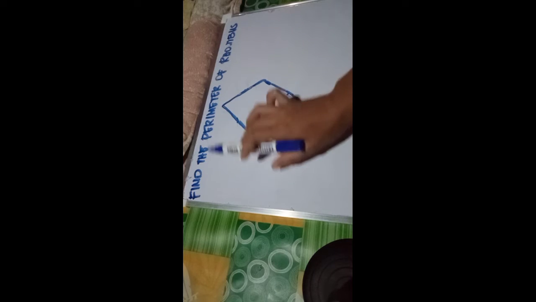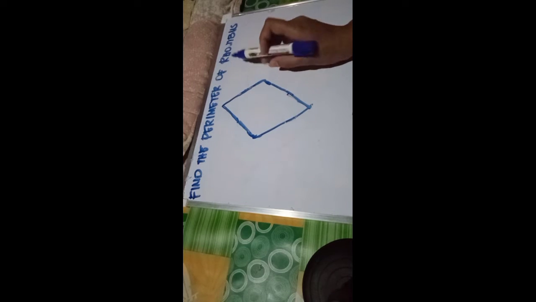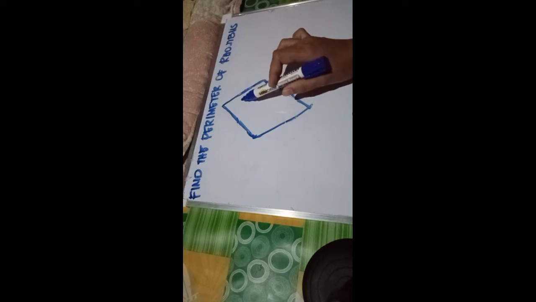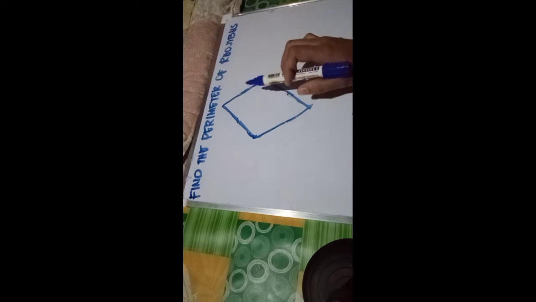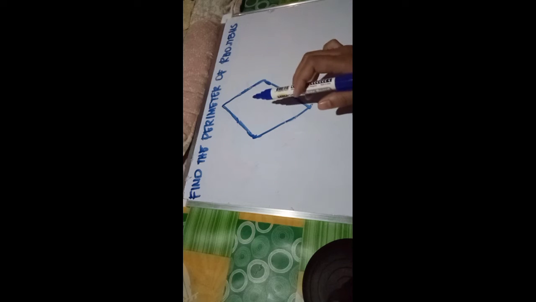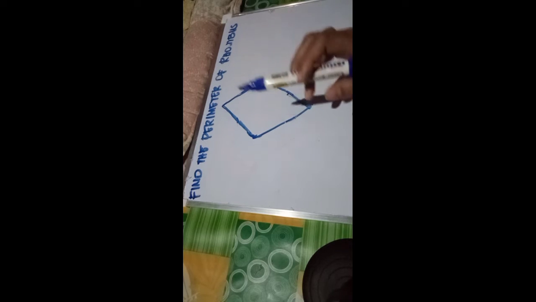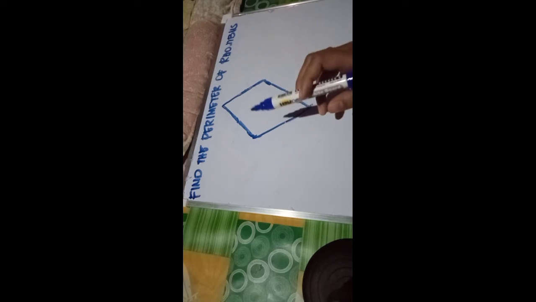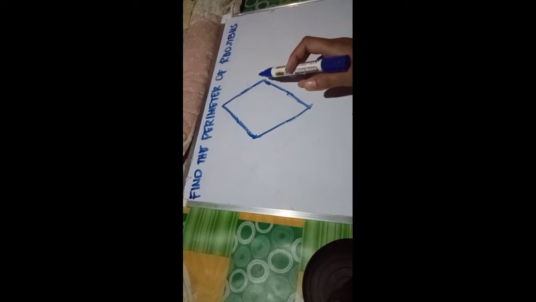So now find the perimeter of a rhombus. The perimeter of a rhombus is the sum of all its sides. A rhombus is a quadrilateral in which all four sides are of the same measure. A rhombus is always a parallelogram, but a parallelogram may not necessarily be a rhombus always.